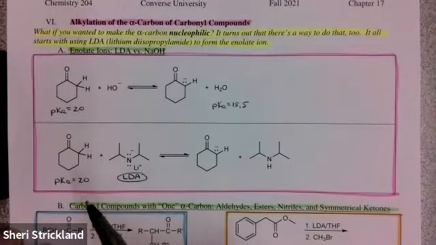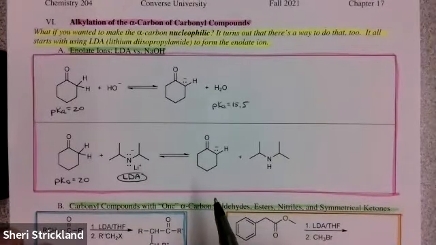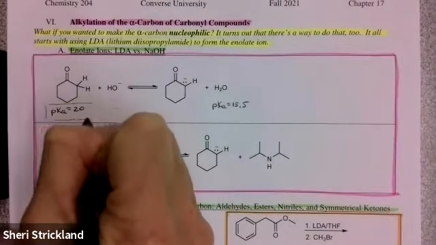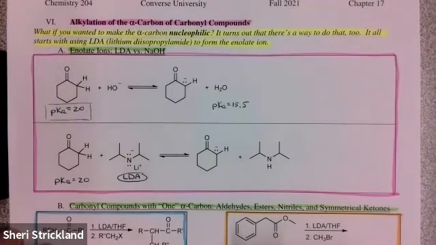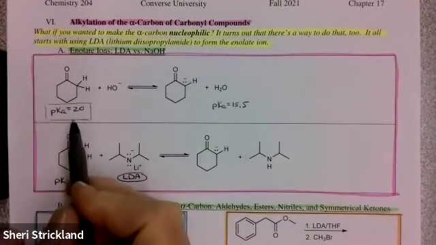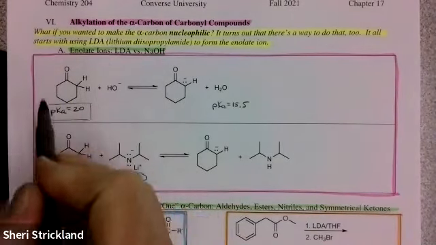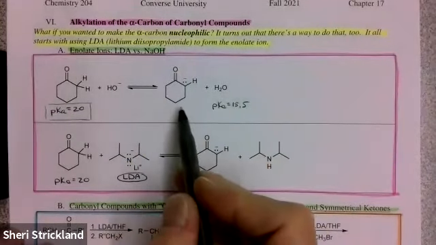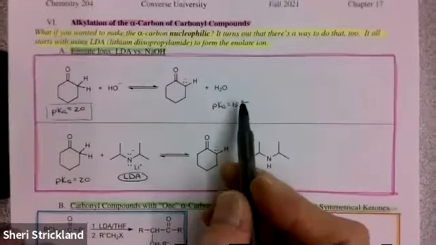Okay, so which side of this equilibrium is favored? Well, it's always the side that has the weaker acid, and the weaker acid has the larger pKa value. So if this is the predominant side, that's bad because you'd need a high yield of this enolate ion to take it on.